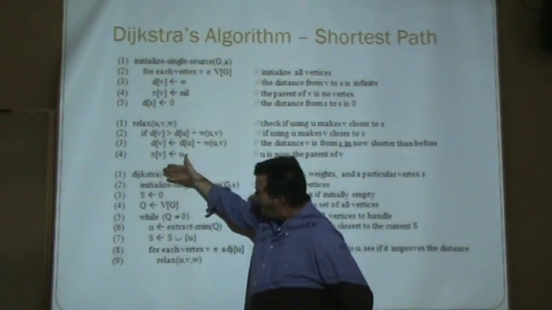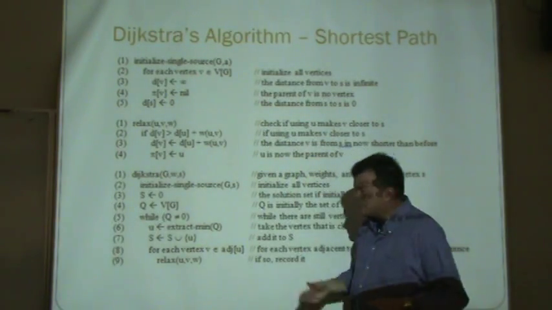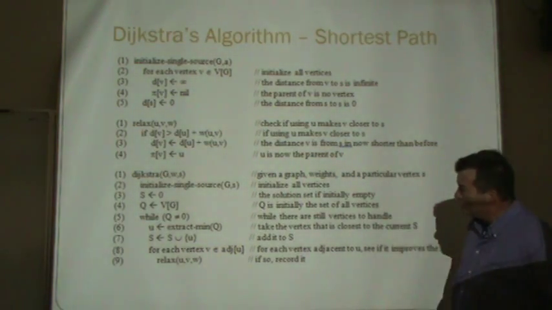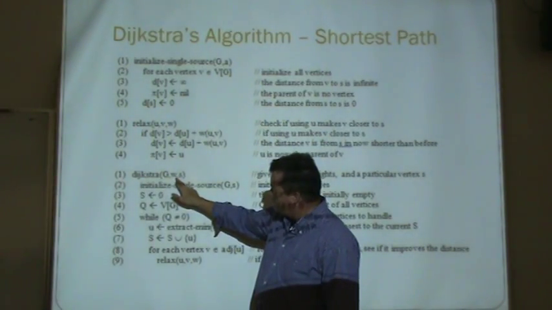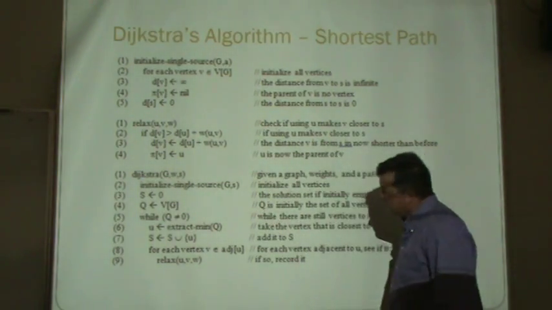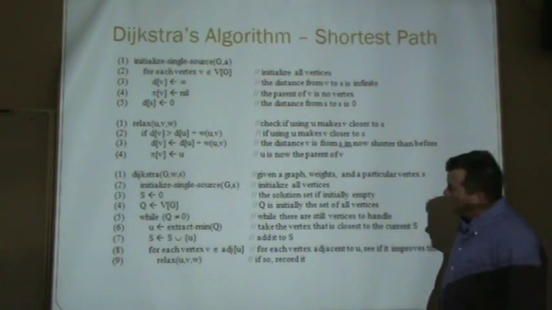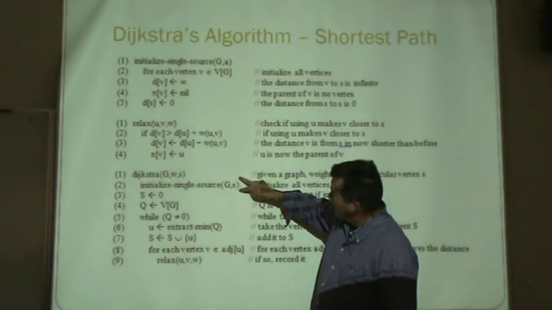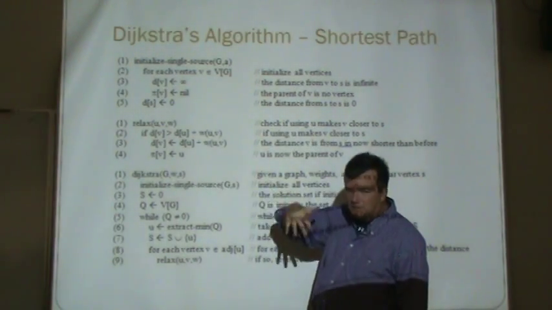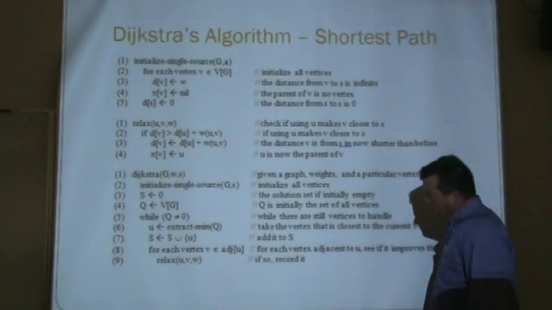And Dijkstra gets credit for the shortest path algorithm, so it's called Dijkstra's shortest path algorithm. You take a graph. The graph has weights and an initial source. So we initialize: every node of the graph is infinitely away except for the source, which is 0 away.